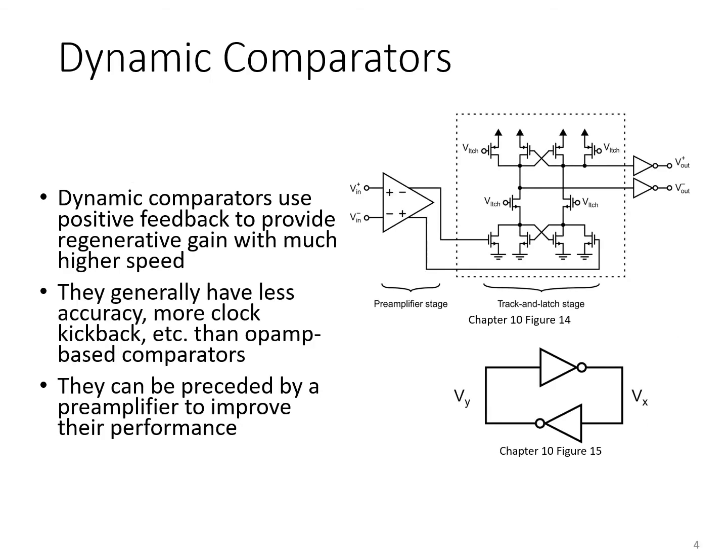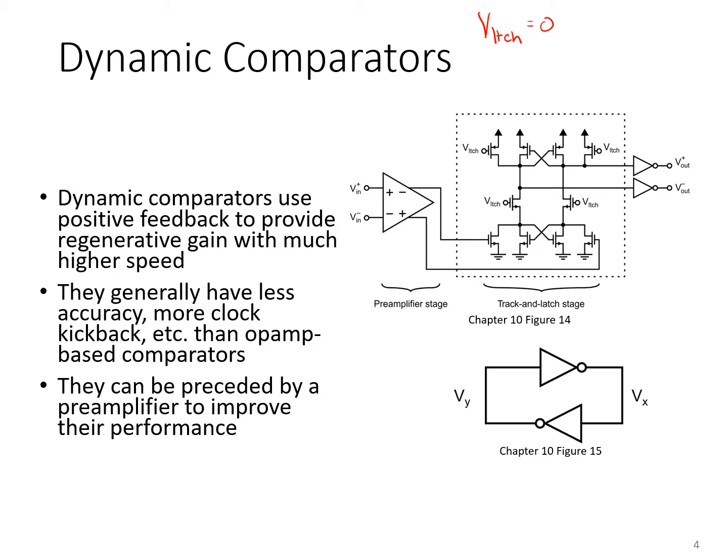Most comparators in modern CMOS technologies are dynamic comparators, and an example of one is shown here. To understand its operation, consider the signal labeled V-latch, and consider what happens as it alternates between a high and low voltage level. First, let's consider what happens when it's down to ground.